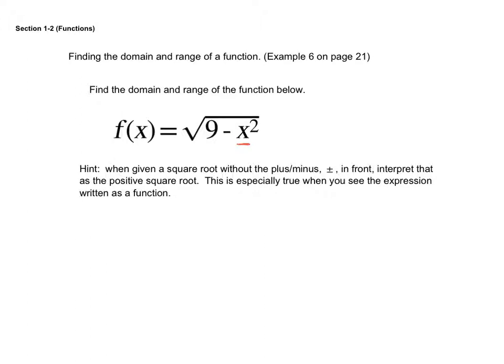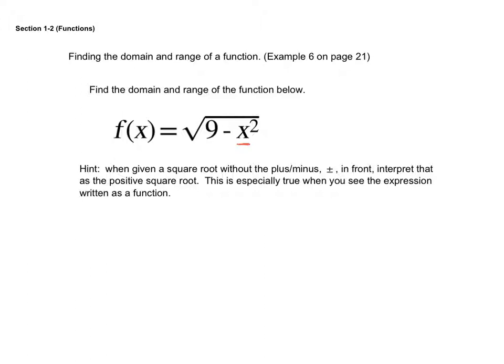So 9 minus 1, 1 squared is 1, 9 minus 1 is 8. I can do the square root of that. It's a radical, it's irrational, but it's not impossible. Okay? I could also do 3. If x is 3, I get x squared is 9. 9 minus 9 is 0, and the square root of 0 is 0.